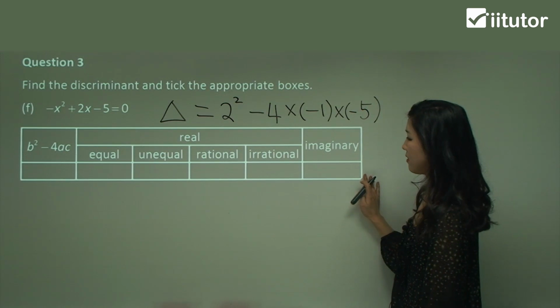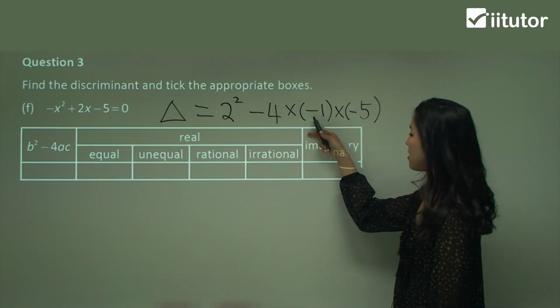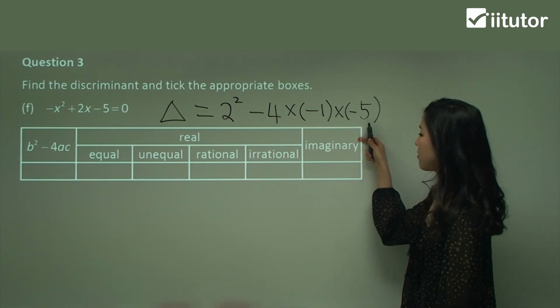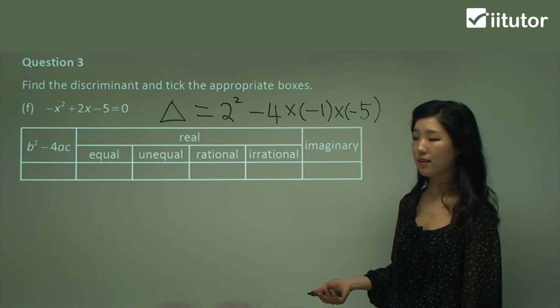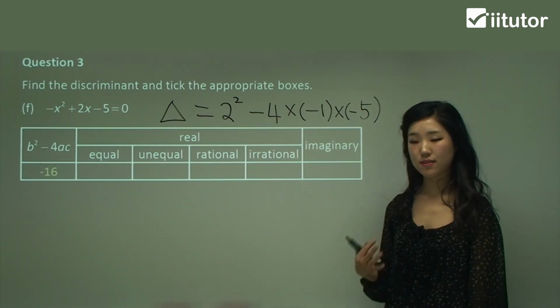Okay, let's simplify this. 2 squared is 4. Now, negative 4 times negative 1 is positive 4, but times negative 5 is negative 20, isn't it? So 4 minus 20 is going to be negative 16.